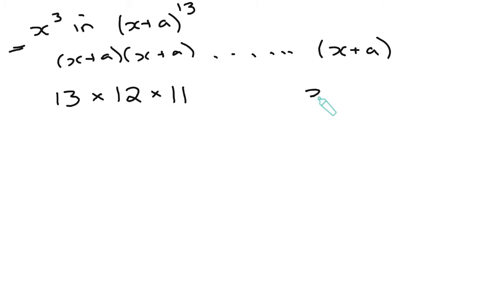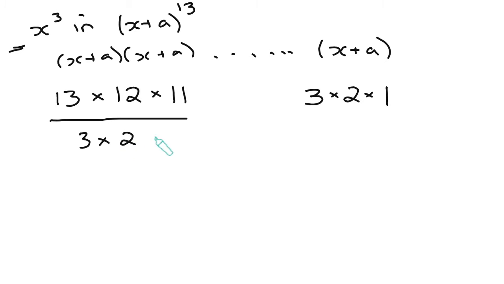Ordering 3 objects, there's 3 ways to choose the first, 2 ways to choose the second one and 1 way to choose the third. So our answer for the coefficient in front of x cubed in this expansion would be 13 times 12 times 11 over 3 times 2 times 1.